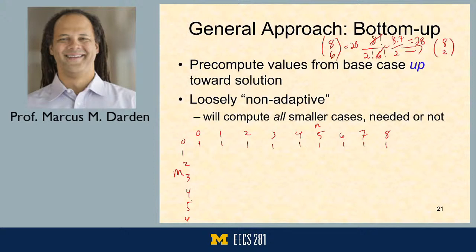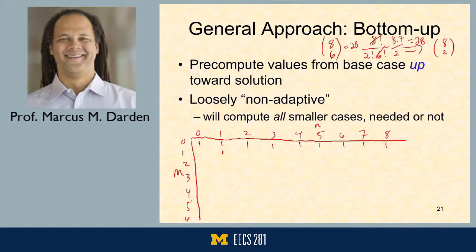Because I'm in the m equals 0 row, and regardless of what n column I'm in, it's always going to be 1. My other base case was when n and m were equal, and so that lets me fill out this column of 1s. It turns out that choose is not really defined for all of these things down here, because they represent something unreal.